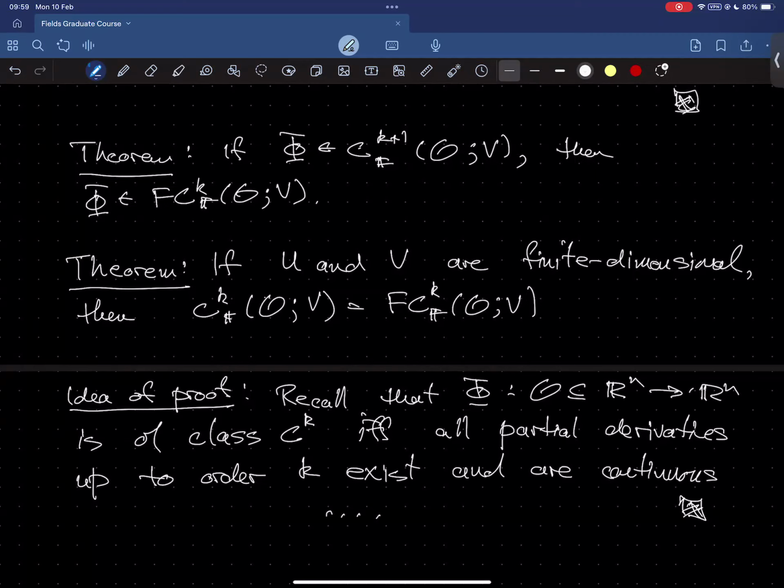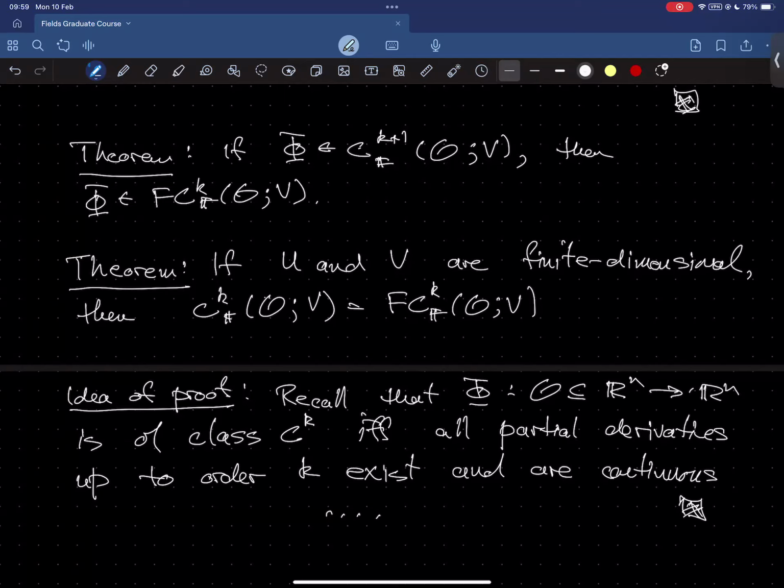Like I said, you certainly would have seen this in the C1 case, right? You would have seen that a mapping phi is continuously differentiable if its Jacobian matrix, which is just the matrix of first partial derivatives, has continuous entries.